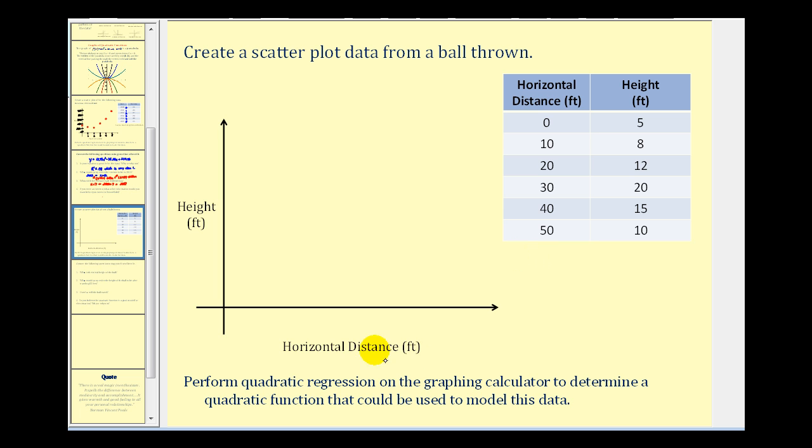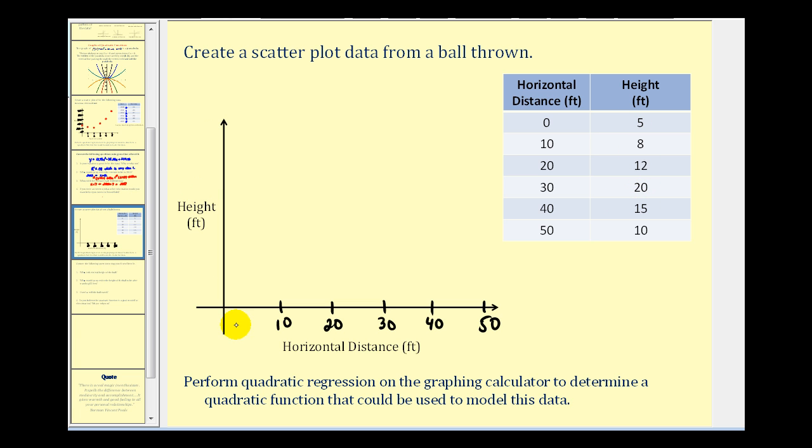So we first label the x-axis as the horizontal distance in feet, and the axis must include 0 to 50, so we'll go from 0 to 50, scaling it by tens. And then for the height, the smallest value is 5, the largest value is 20.